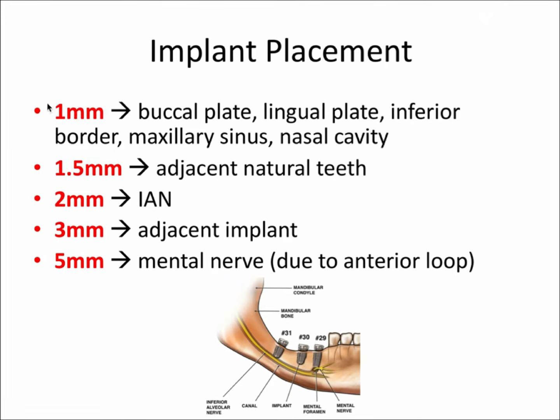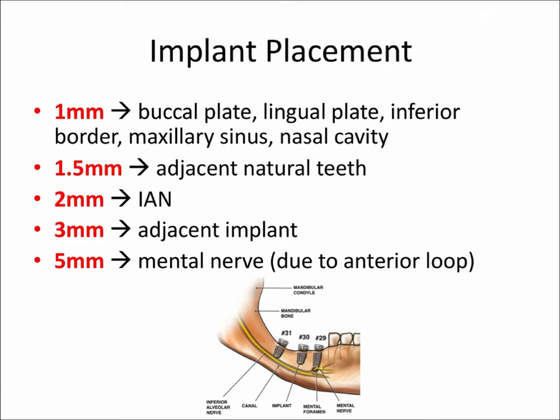So when we place an implant, we want to be at least, or at minimum, 1 millimeter away from the buccal plate, the lingual plate, the inferior border of the mandible, the maxillary sinus, and the nasal cavity. So when you place an implant, let's say it's 4 millimeters wide, we need to make sure there's at least 1 millimeter of bone buccal to that and 1 millimeter of bone lingual to that.